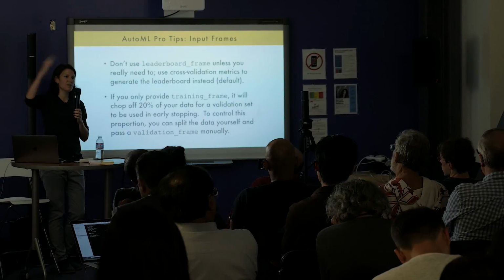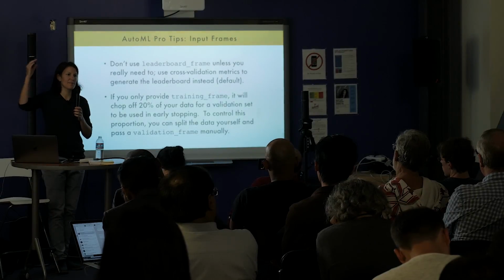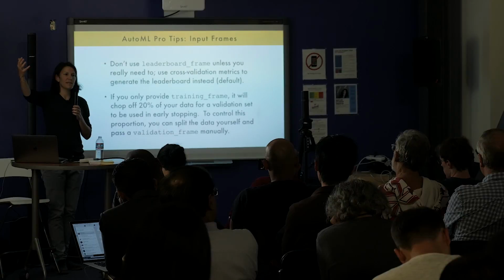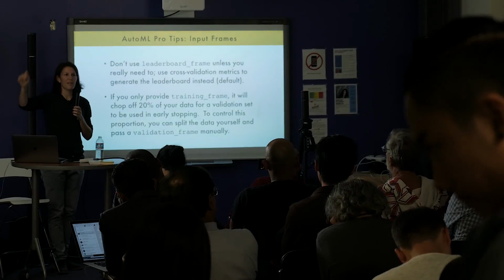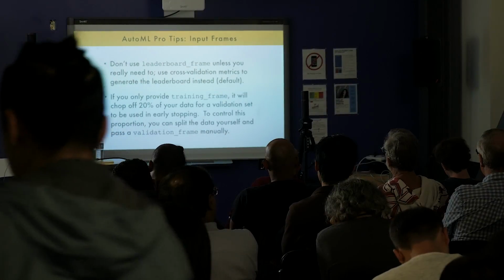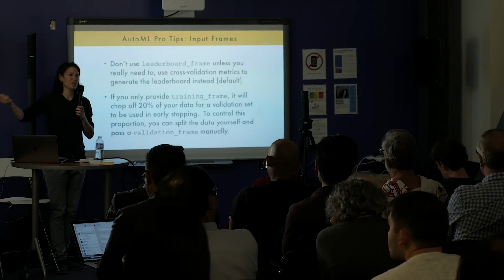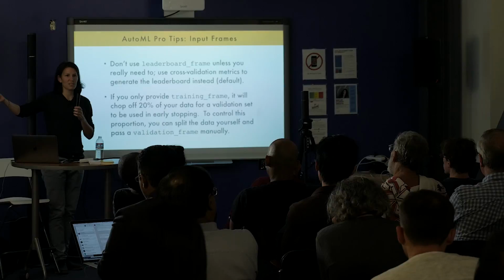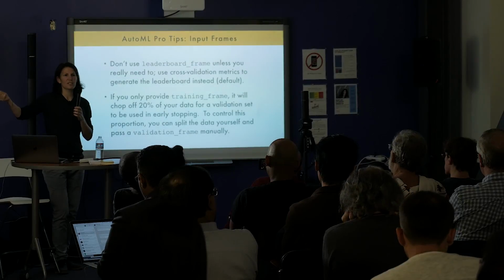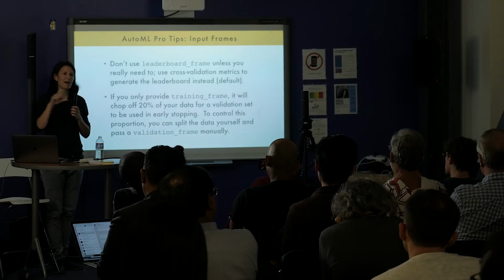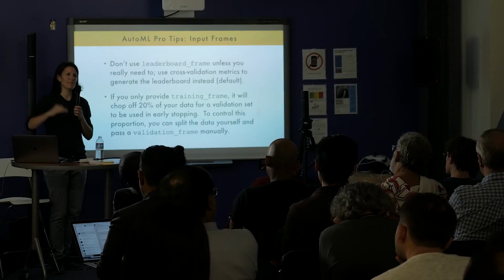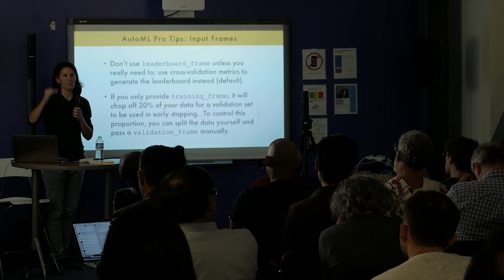You could do the whole AutoML process, select the best model based on cross-validation metrics, and then take that model and score it on a separate test set if you wanted. There's no preventing you from doing that. We're just saying you don't necessarily need to chop off a piece of your data just to rank the models on the leaderboard and choose the best one.